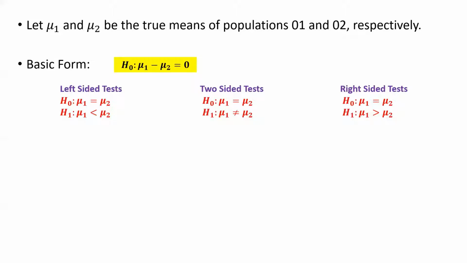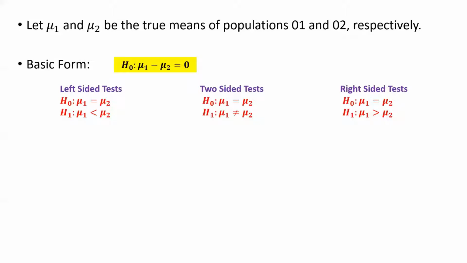We don't use this form of the null hypothesis except for the confidence interval method. The confidence interval for two mean comparison is constructed for the difference between the two means. When your hypotheses are in the basic form, all you have to do with the confidence interval method is to see if 0 is inside of the confidence interval. If it does, then accept the null. Otherwise, reject the null.